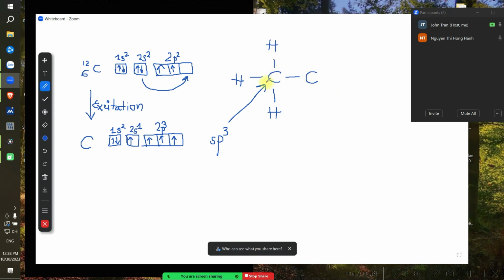Yeah. However, look at this one. This next carbon forms only 3 bonds to the other atoms. So this carbon is actually in the sp2 hybridization state.